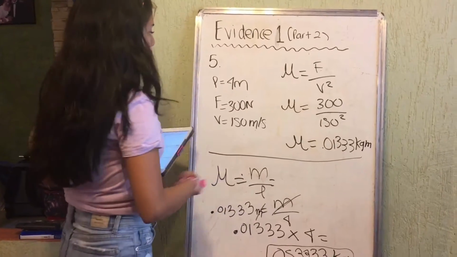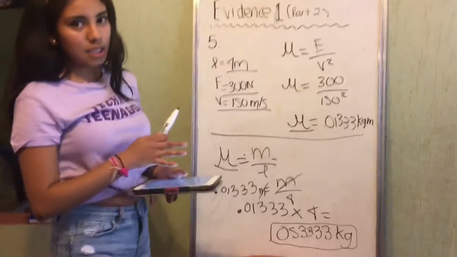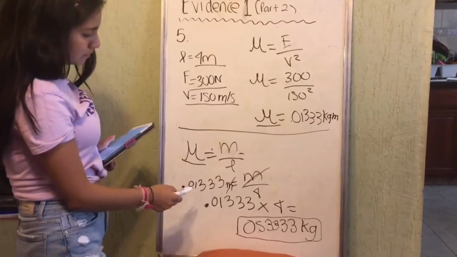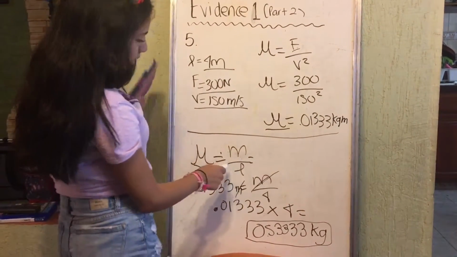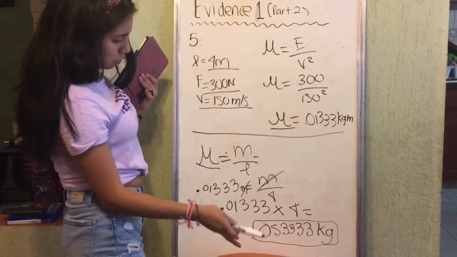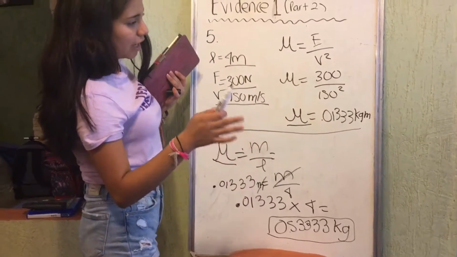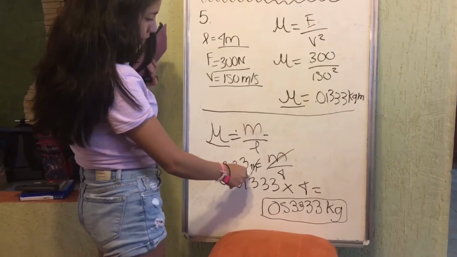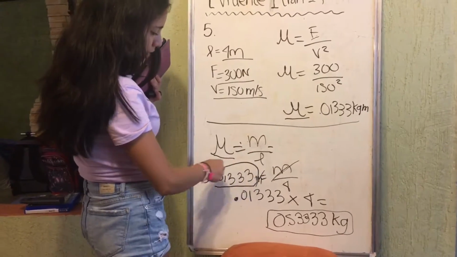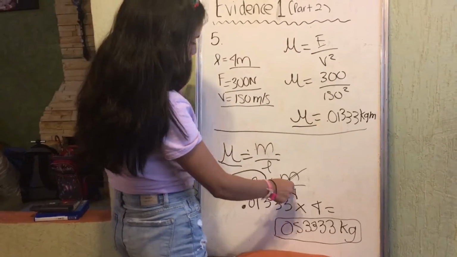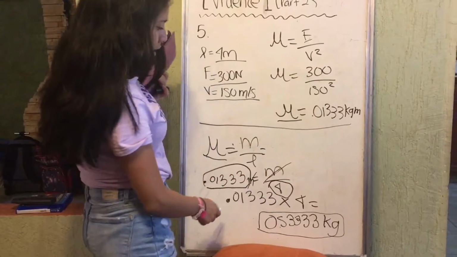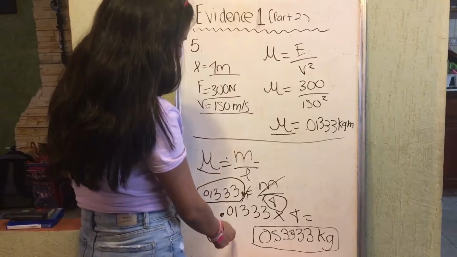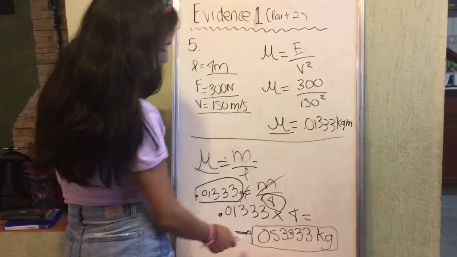So we have to solve to know our mass. We're going to identify what data we have, that I already have, our mass per length, and we have our length. Okay, so we're going to multiply, and this is our final result.